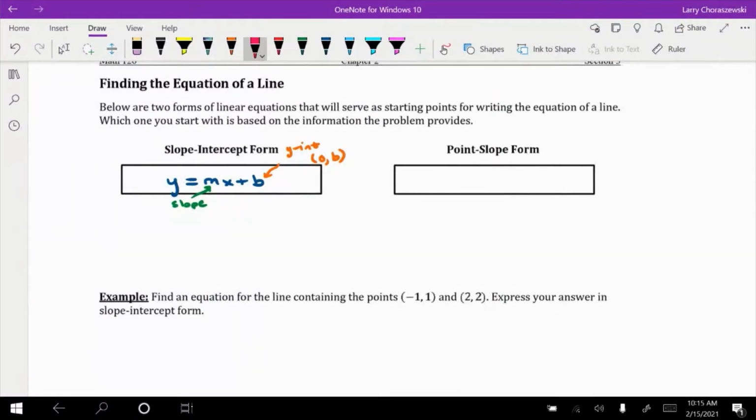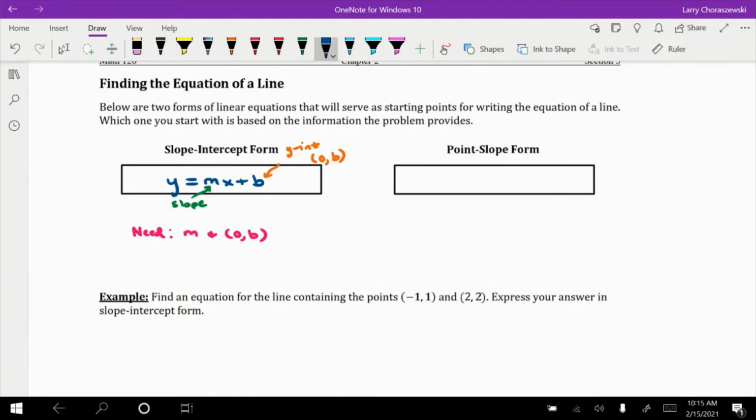Unfortunately, you need some very specific information to jump straight to this equation. You need both the slope and an indication of where the line's crossing the y-axis, or in other words, the y-intercept. And in a lot of problems, this information isn't served up to us right off the bat, which is why I've included the point slope form of a line.